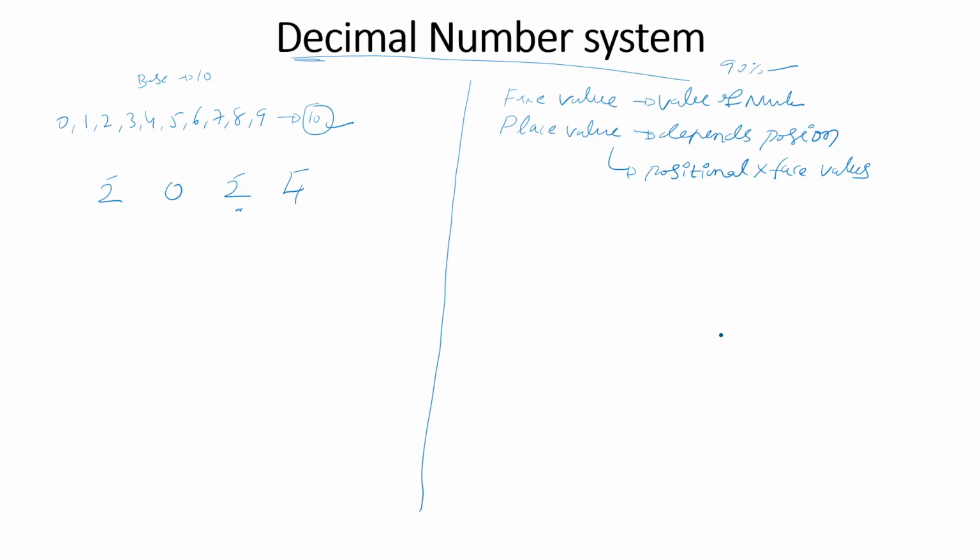From the right side, this 2 is in the second position, and this other 2 is in the fourth position. So this 2 is in the tens place, and this 2 is in the thousands place. How did tens and thousands come?